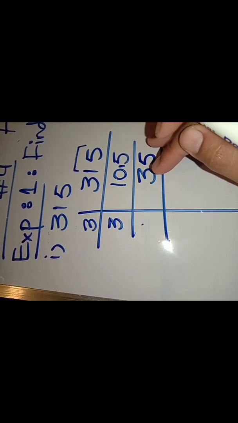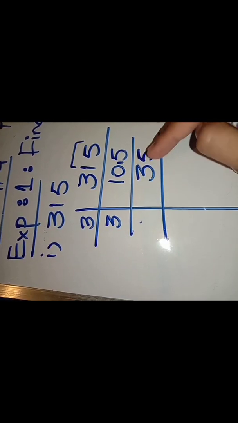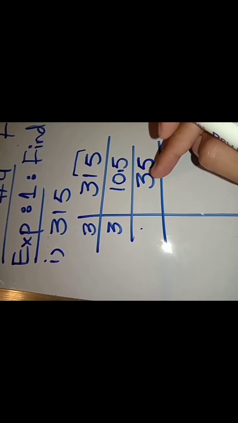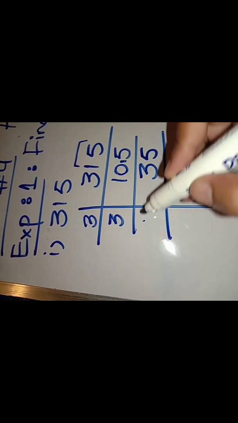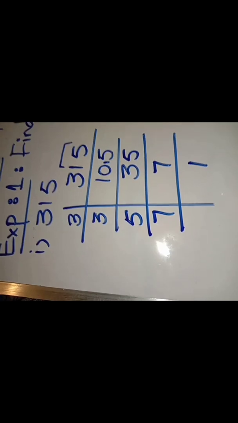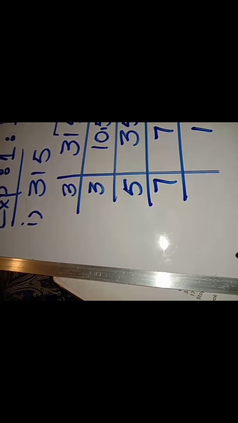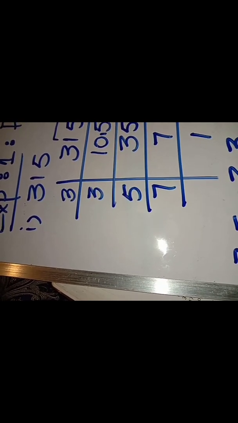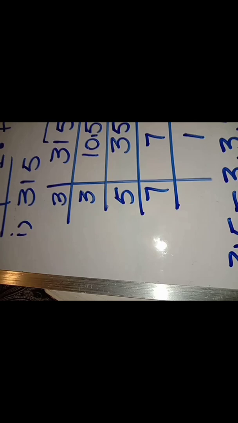No, 35 is not divisible by 3 because 3 plus 5 is equal to 8, and 8 is not a multiple of 3. So we will move towards 5. 5 sevens are 35 and 7 ones are 7. Now we have the factors of 315: 3, 3, 5 and 7.